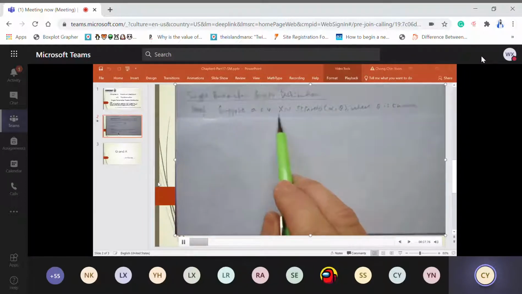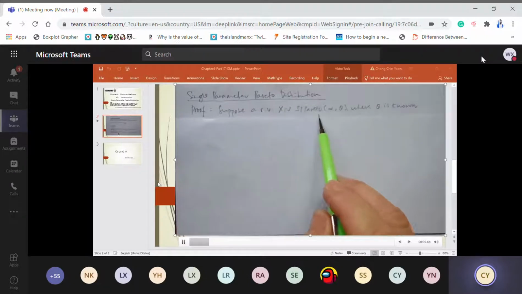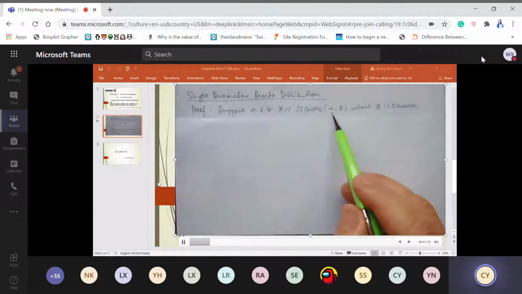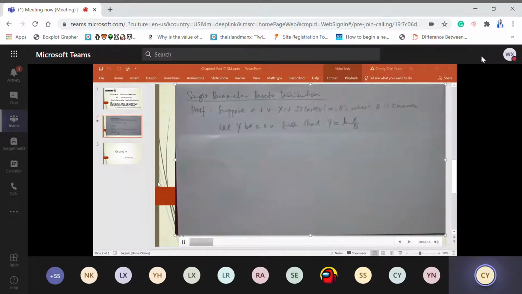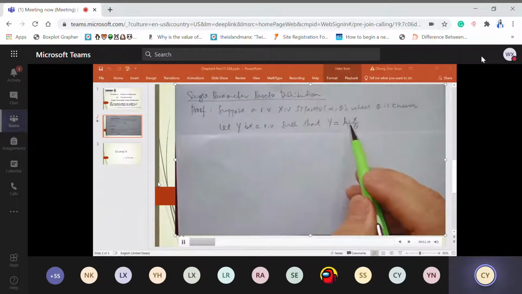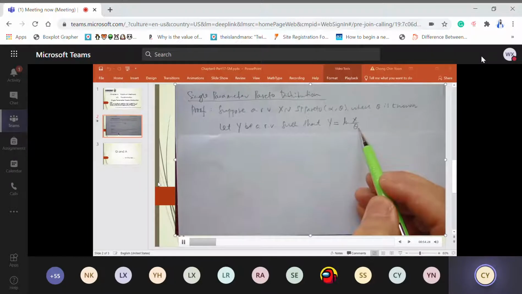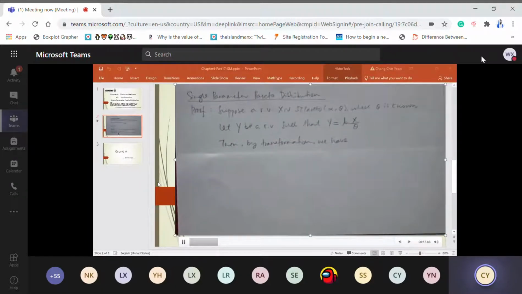Suppose a random variable X is single parameter Pareto distributed with parameters alpha and theta, where theta is known. Let Y be a random variable such that Y is equal to log X divided by theta. Then, by transformation, we have the following.